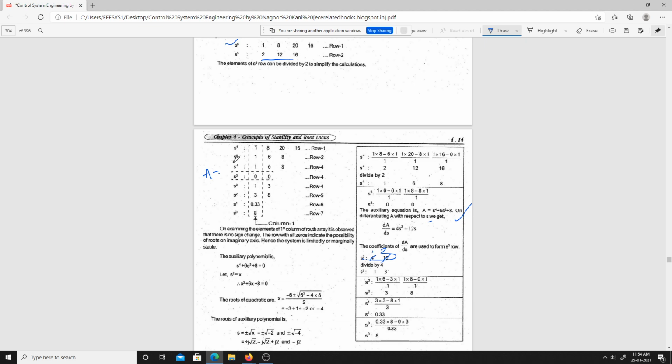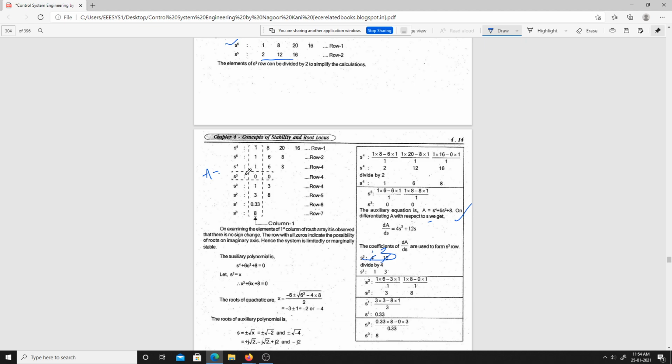After constructing this, again I need to check the elements of column 1. If any negative sign is there, we say that some of the poles are located on the right half of the s plane. If there is no negative sign, we say that the system is stable. If any negative sign is found, we say that the system is unstable.